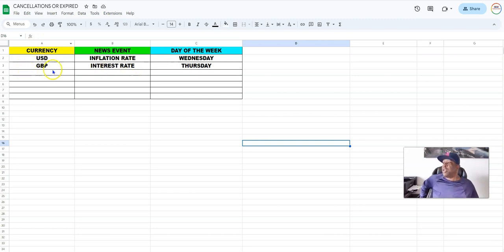And then you have the interest rates on the Great British Pound coming out on Thursday. Those are the main two that I'm looking at. There are some others coming out, but those are the main two that caught my eye. So if you're trading around these times, I would just suggest if you're trading the US dollar on Wednesday, be careful, because depending on what the inflation numbers come out to, they could be manipulated, like the job numbers apparently.